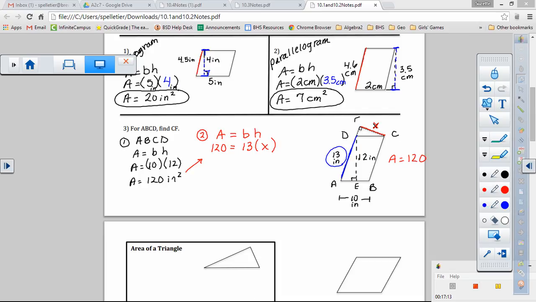So now this becomes a very simple algebra question. 13 times X equals 120, so what am I going to divide by? 13, and so I do 120 divided by 13, and I get 9.2 for X. So the height is 9.2 inches. Okay, so it's a little bit of a longer problem.